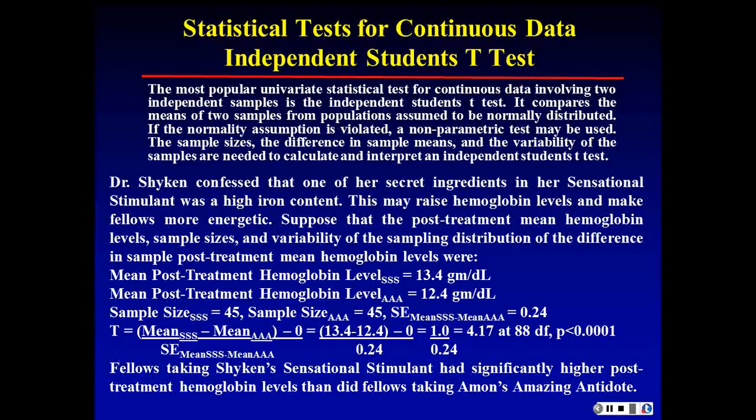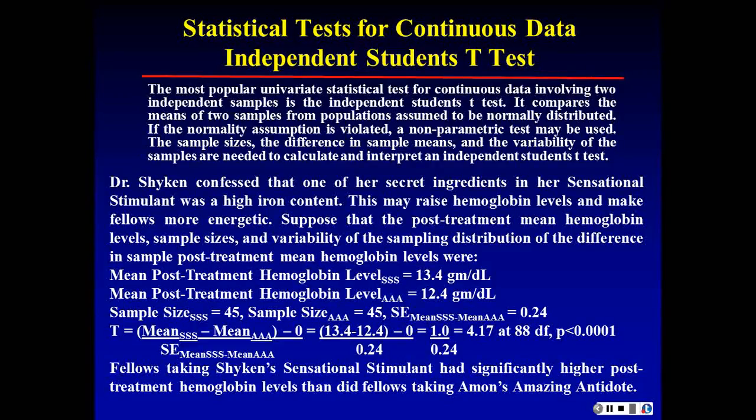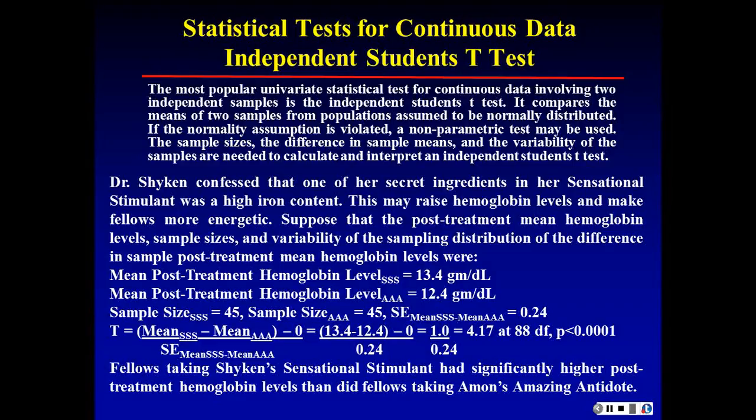Your t-statistic, which you use to calculate this, you take your observed difference in mean hemoglobin levels, which gives you a difference of 1 favoring Dr. Scheiken's group, minus the expected difference in sample means under the null hypothesis, which is 0 if you assume that there is no difference between groups, divided by the standard error of the sampling distribution of the difference in sample means, 0.24. This gives you a t-statistic of 4.17, 88 degrees of freedom, p less than 0.0001.